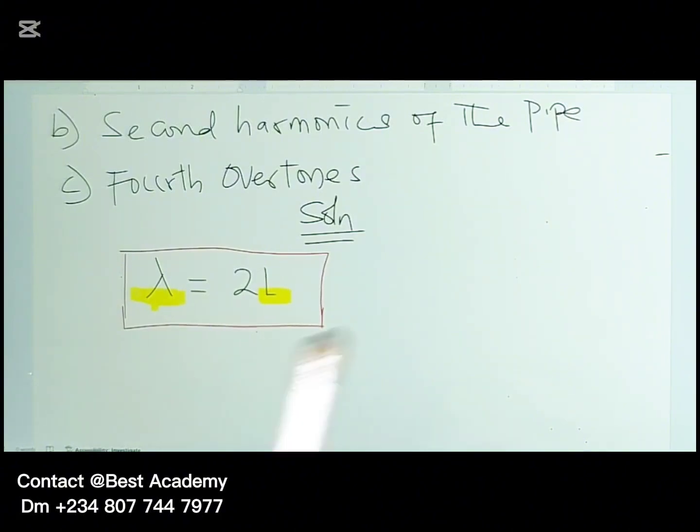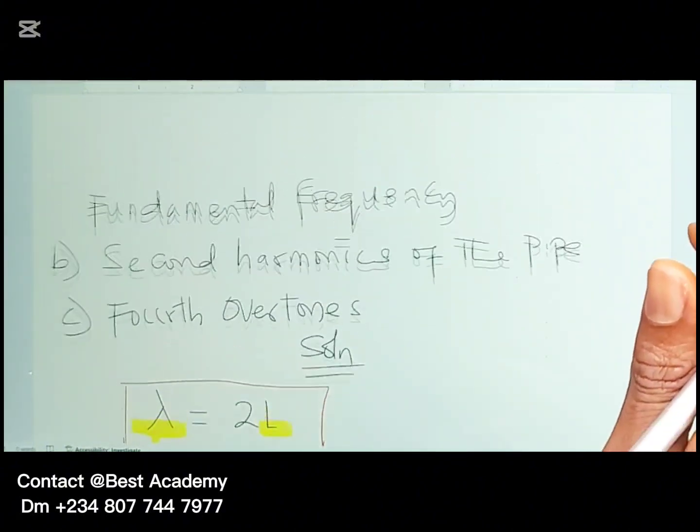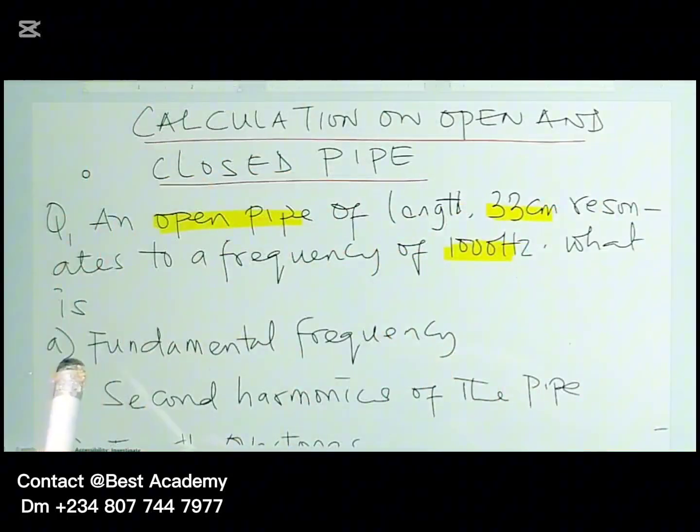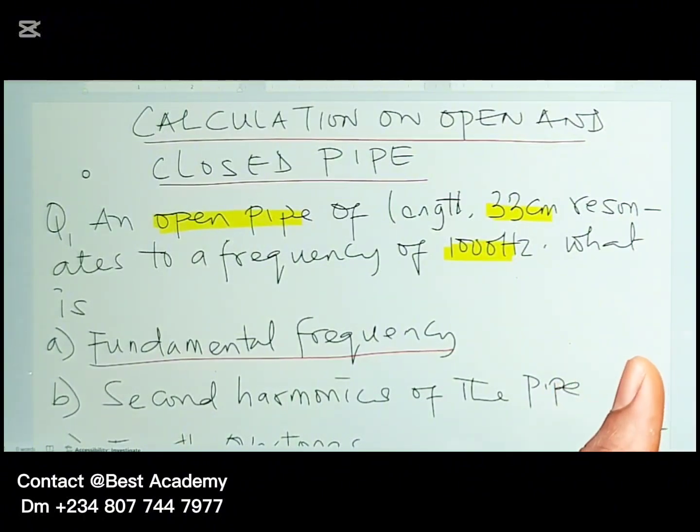So let's look into what we are asked to calculate, class. The first question we are asked to calculate here is the fundamental frequency. So let's know what fundamental frequency is. Fundamental frequency is the frequency calculated from a given question, or the frequency in that question.